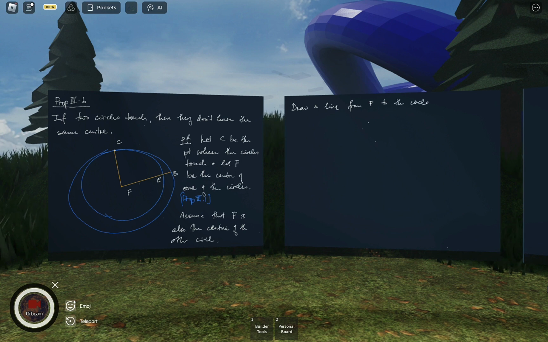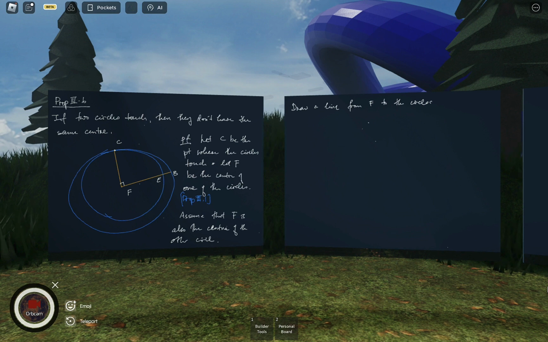I'm being a bit imprecise here, but I think we can make this precise. In the text, Euclid just says draw a random line, or choose some random point and draw a line through it. But we've got the line FC. We can just construct a line that's perpendicular to FC. We want to be completely non-random about this. I think we have a proposition that allows us to do this. I forgot the number, but I'm pretty sure we can construct perpendiculars. So I'll just put the right angle there.